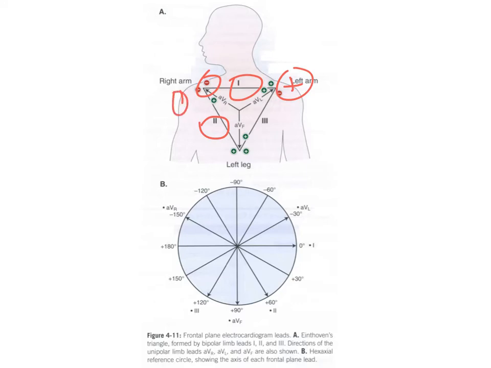And then lead 3 would be from the left arm to the left leg, the negative being at the left arm and the positive being at the left leg. And then you can see AVR, AVL, and AVF each going in the positive direction towards the right arm, the left arm, and the left leg.